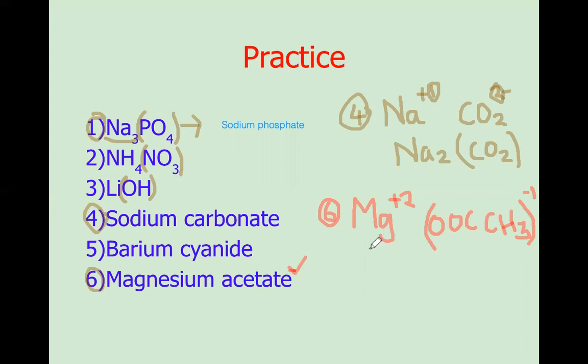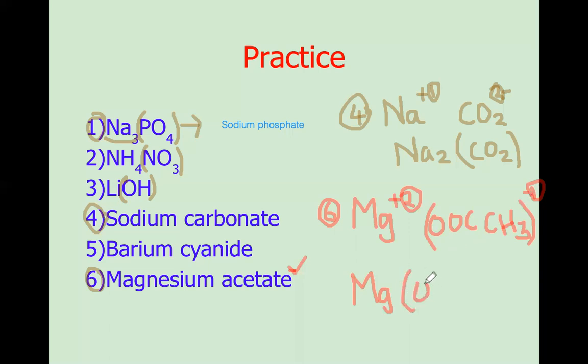Okay. Then what you have to do after writing that? Crisscross or exchange only the numbers. See, I'm not taking the charges, I'm crisscrossing only the numbers. So magnesium, I have to write 1 actually here, but I don't have to write the 1, you know that.